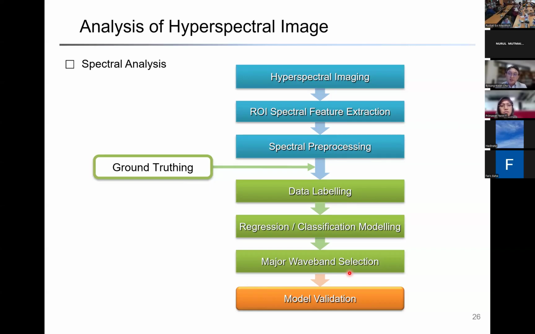It increases the robustness of your model. So that's why we need waveband selection. After making a model, we can validate the model using unused data. That is model validation or model test. So that is the whole process of spectral analysis.